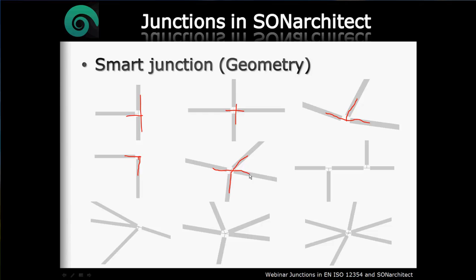So this is really the innovative aspect of SONarchitect, that we could implement the ISO 12354 into an algorithm that can deal with entire buildings in just a few seconds. So let's have a look.